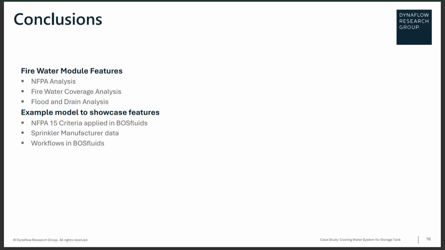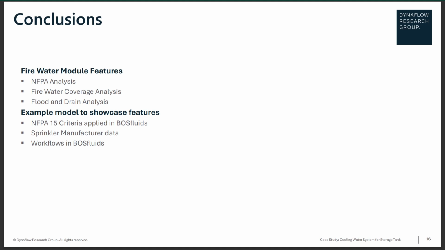Well, finally, to summarize our tutorial, we will mention the things that we have done today. So we went through the additions to BOSfluids, like the NFPA analysis, the fire water coverage analysis. These two additions are extremely useful for fire water or cooling systems.